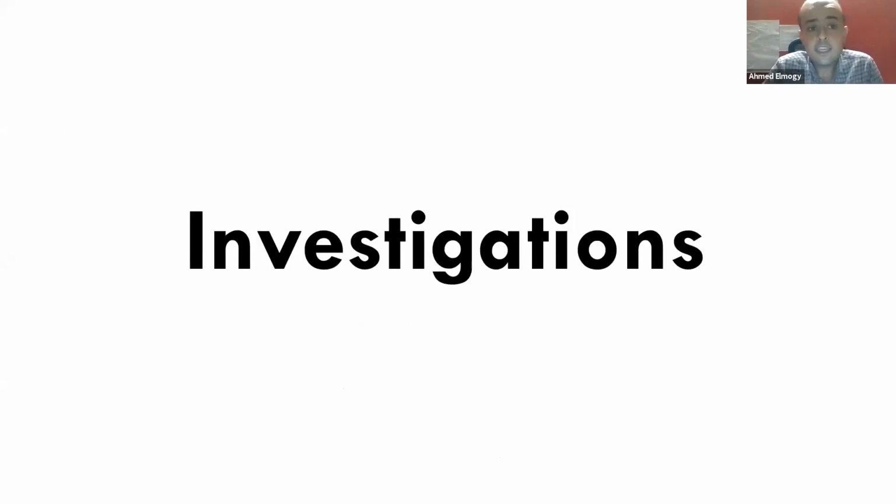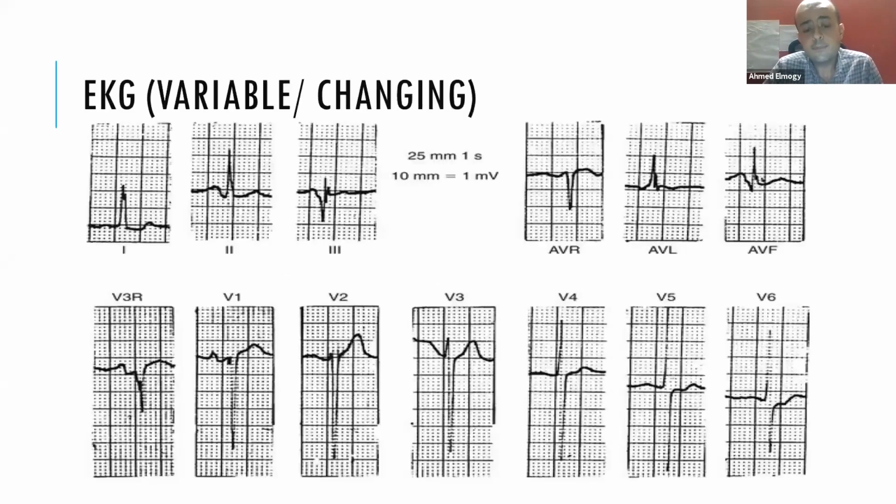As for the investigation, in the EKG the key here is the septal activation, which is normally from the left to the right. We now have the right ventricle on the left side and the left ventricle on the right side, so the reverse actually happens.